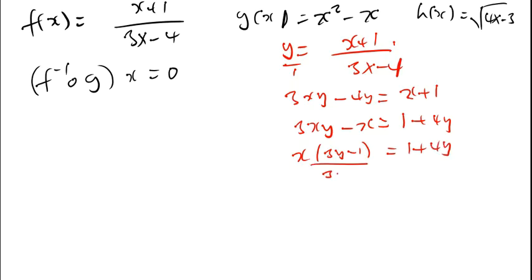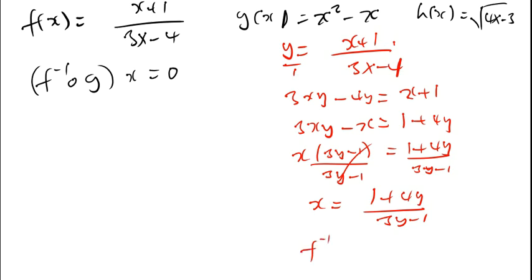Divide everywhere by 3y minus 1. x will be equal to, these will cancel, 1 plus 4y divided by 3y minus 1. Therefore, f inverse of x is equal to 1 plus 4x, where there is y put x, divided by 3x minus 1. That's the inverse.